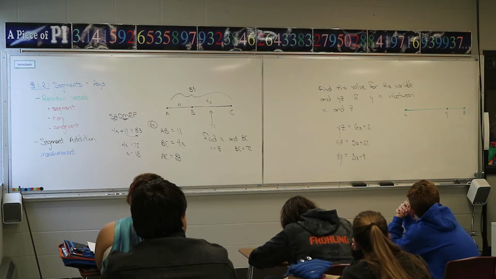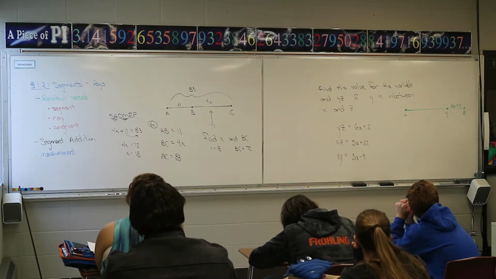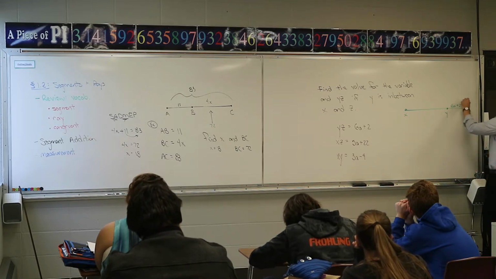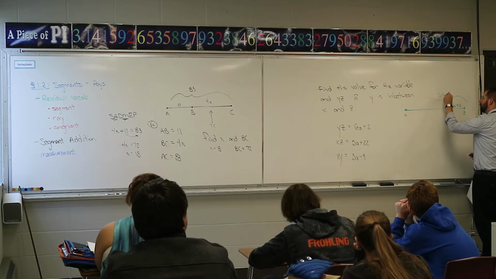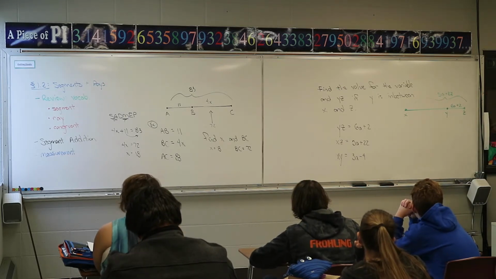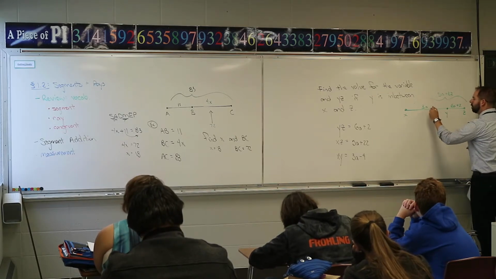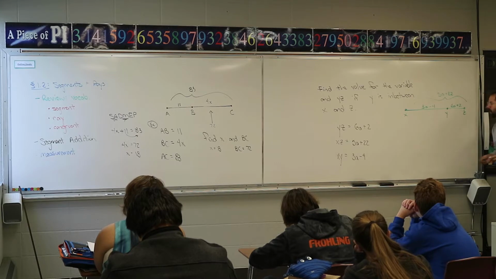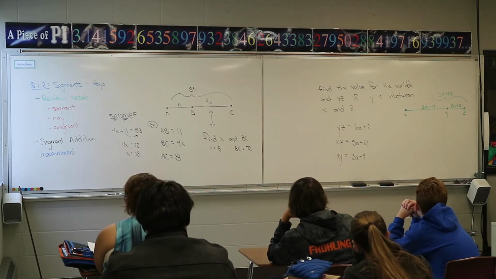Look at the part I gave you first, YZ. That's a 6A plus 2. The XZ is the whole stick. It's the big stick. That's the 5A plus 22. And then the last one was XY, that's the 3A minus 4. I put them out of order to see if you draw it, do you know which ones you're supposed to add?